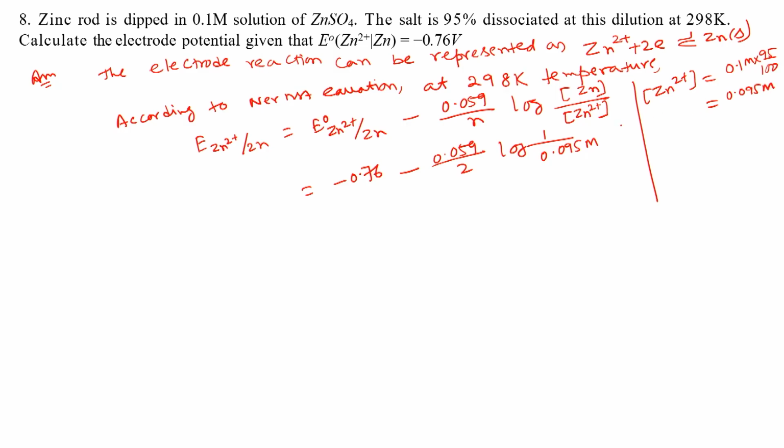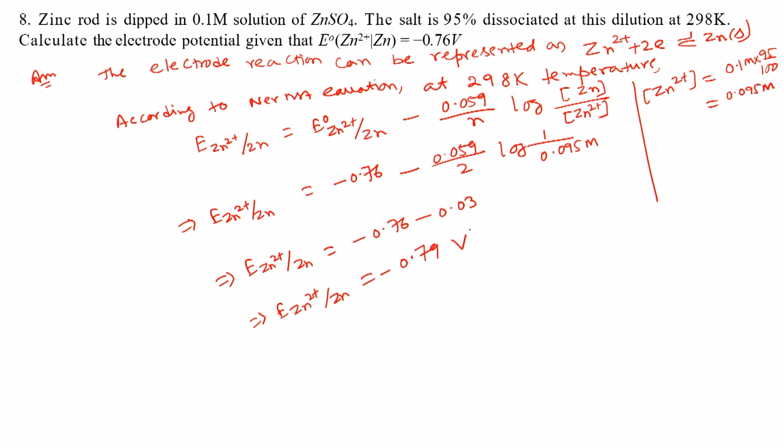That is how we calculate the concentration of Zn2 plus. If we calculate this, we get the value of E for Zn2 plus to Zn. It is minus 0.76, and the quantity we calculate is minus 0.03. So, E Zn2 plus to Zn is minus 0.79 volt.